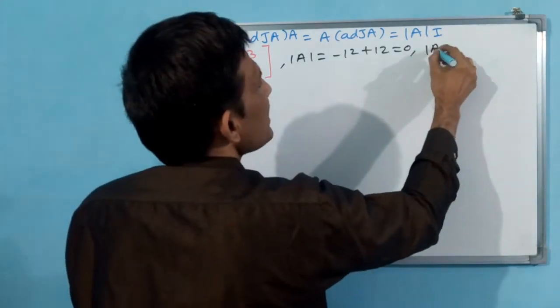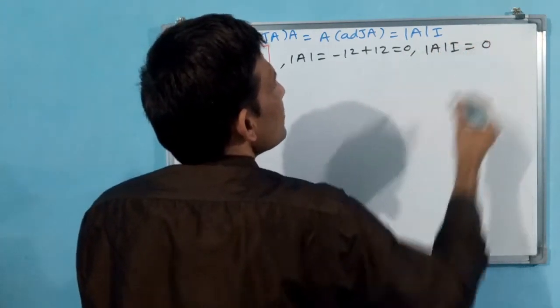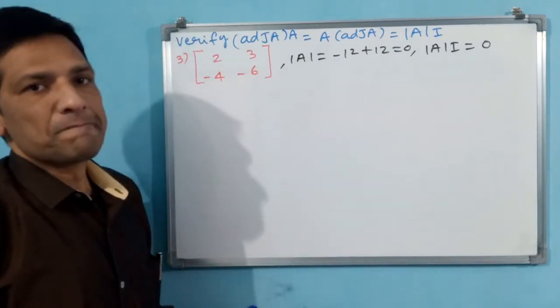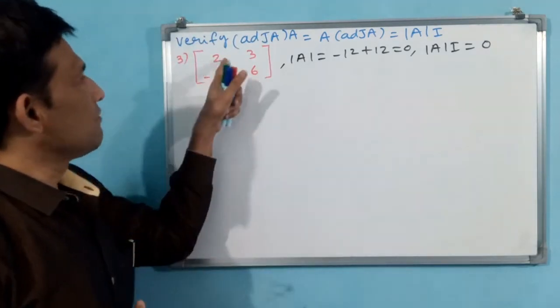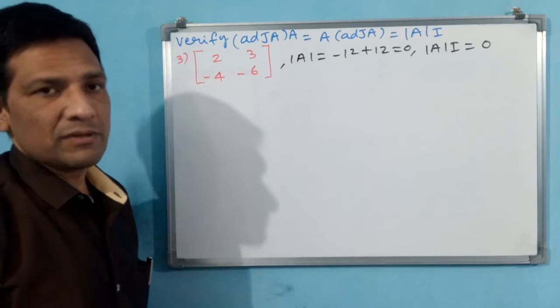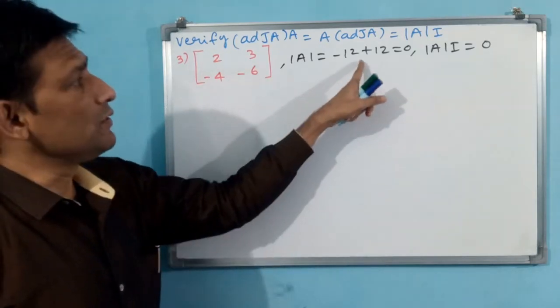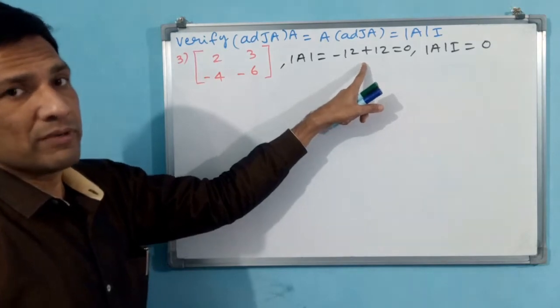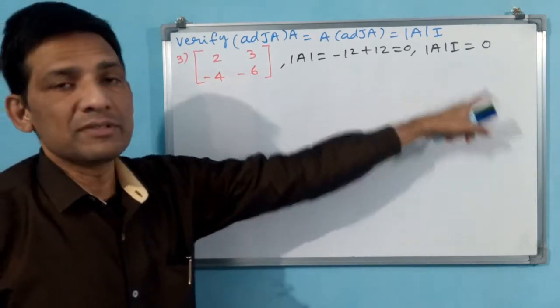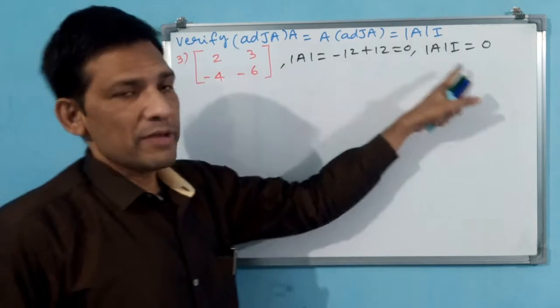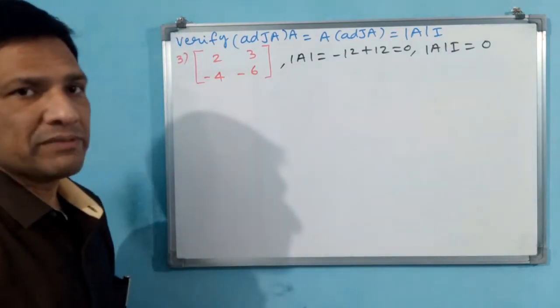That means determinant A into I is equal to 0. Minus 12 minus of minus 12: AD minus BC, minus of minus 12 becomes plus. Minus 12 plus 12 gives 0. 0 into I means 0 only. Completely a 0 matrix will come.